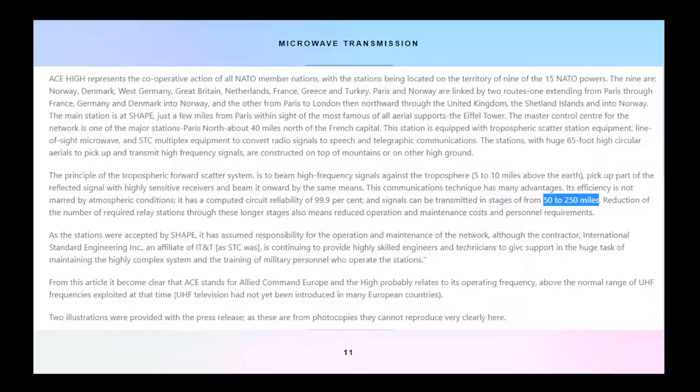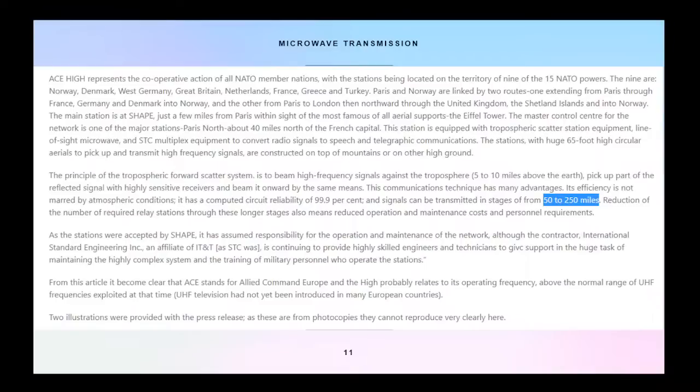So, tropospheric forward scatter system beams high-frequency signals against the troposphere 5 to 10 miles above the Earth. That's a pretty big range there. And it picks up the signals with highly sensitive receivers and then tries to beam it onto the next one, right? It says it has advantages. It's not affected by atmospheric conditions.